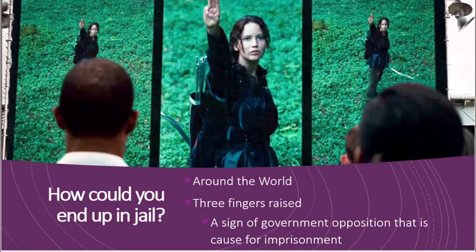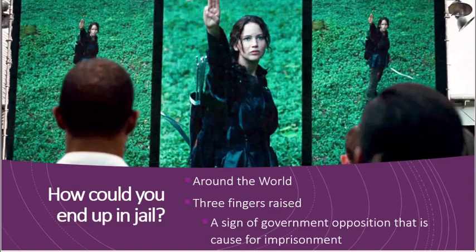Finally, our last symbol. Around the world, the 3 fingers raised symbol, which was actually used by Katniss in the Hunger Games, is a real symbol of government opposition or being suppressed in a country.